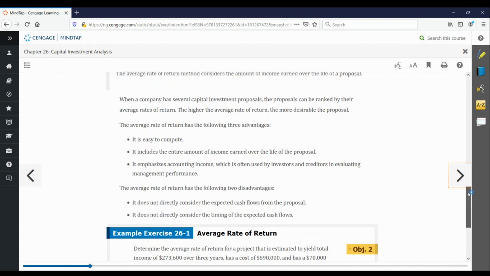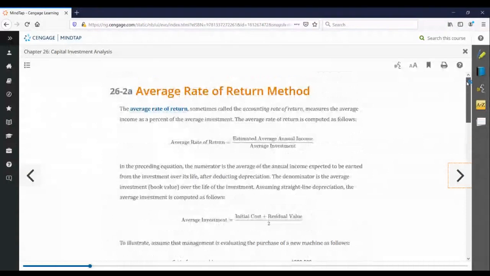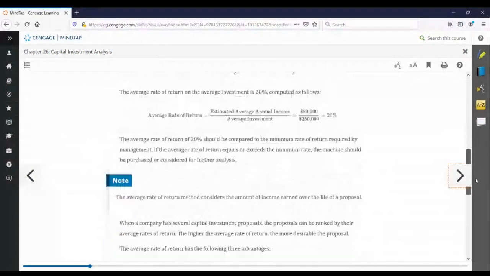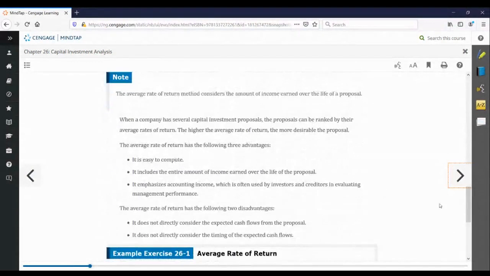You'll remember it took into consideration the average annual income. So it takes into account all of the income that we are thinking that this asset will provide for us over the life of the proposal. And that's an advantage of using this method.